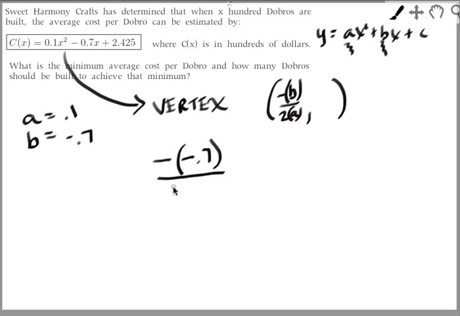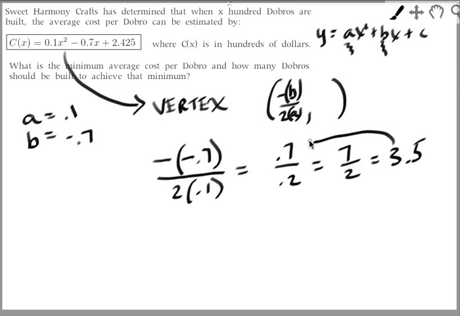The bottom of the fraction is 2 times a, or 2 times 0.1. On top we have the double negative, or simply 0.7. On the bottom we have 0.2. This is really 7/2, or 3.5. So that is the x value of the vertex, or the minimum.